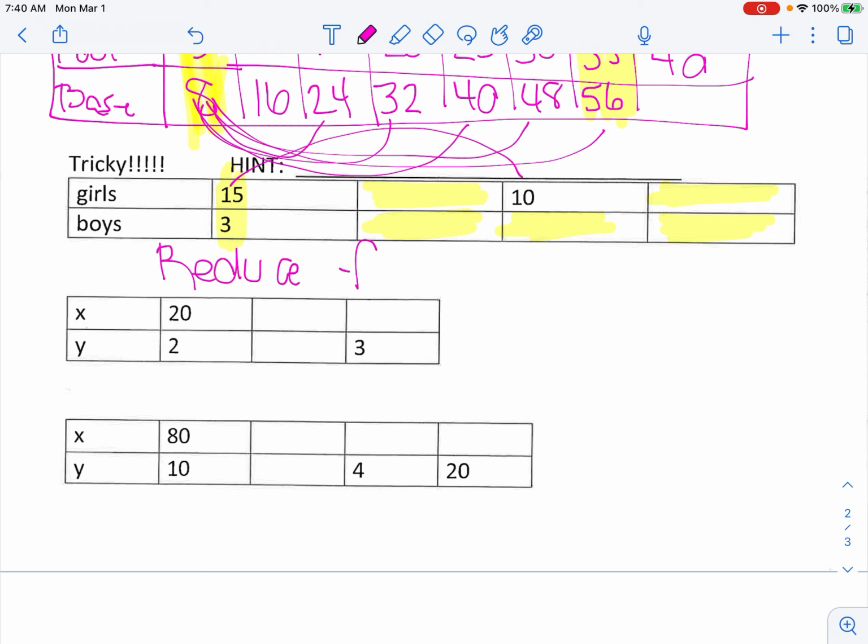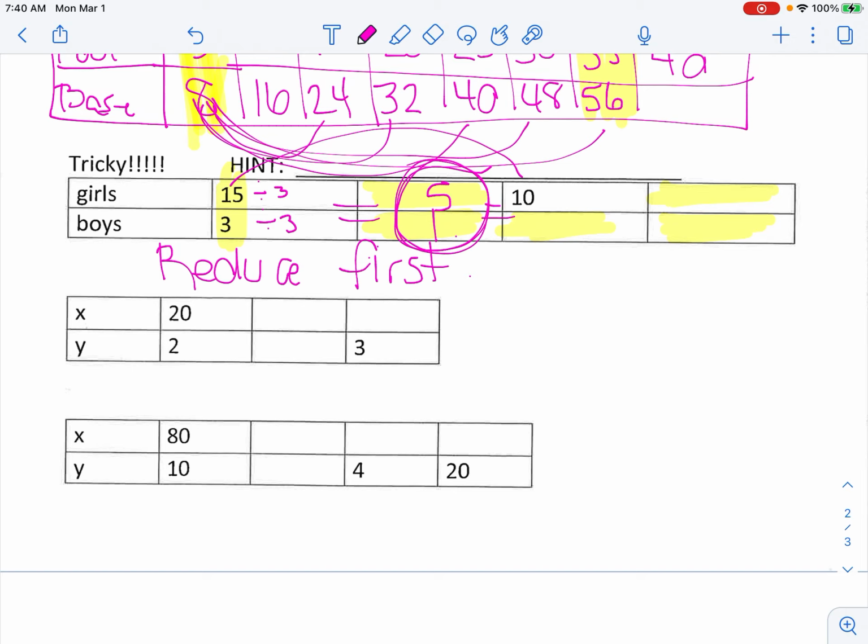Always reduce the initial ratio to lowest terms. So if we're going to reduce this, I'm going to divide 15 by 3, and I'm going to divide 3 by 3. So 15 divided by 3 is 5, and 3 divided by 3 is 1. So this is the ratio we want to focus on. 15 to 3 is equal to 5 to 1.